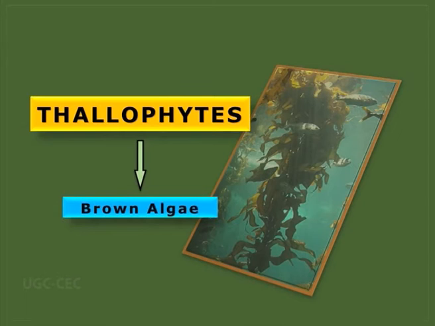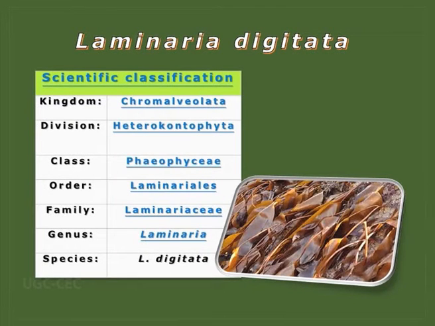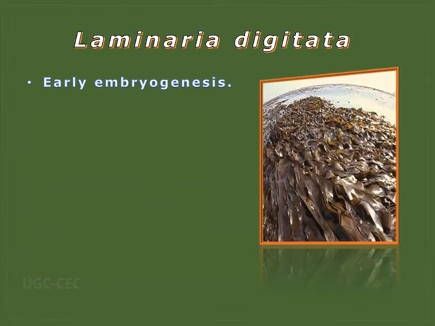The next Thallophyta member is brown algae. Its example is Laminaria digitata, and it belongs to the family Laminariaceae and genus Laminaria, and the species is Laminaria digitata. And what are the properties that make it a model plant?